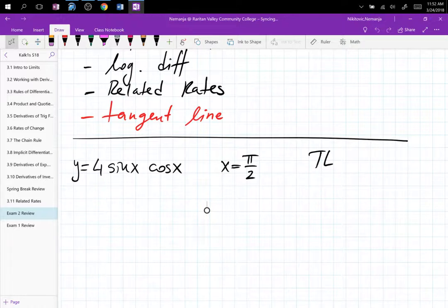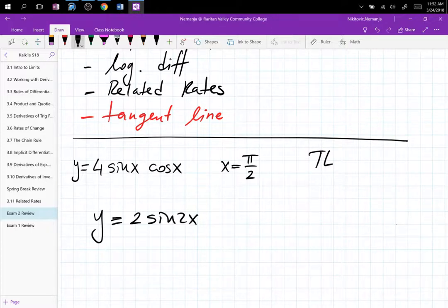We use the trig identity, right? I copy this into 2 sine of 2x because there's a trig identity that says that 2 sine cosine is sine 2x, and since you had 4, one 2 is used up in the formula and the other 2 is spare. And all of a sudden, where's your product rule? Exactly, right?